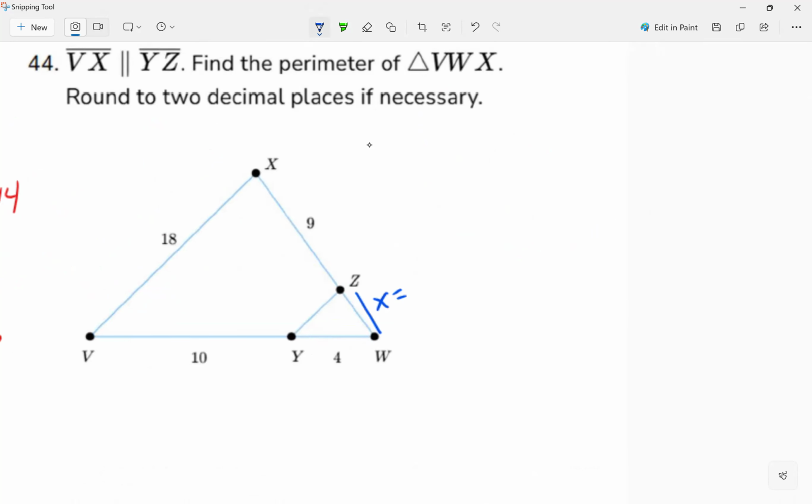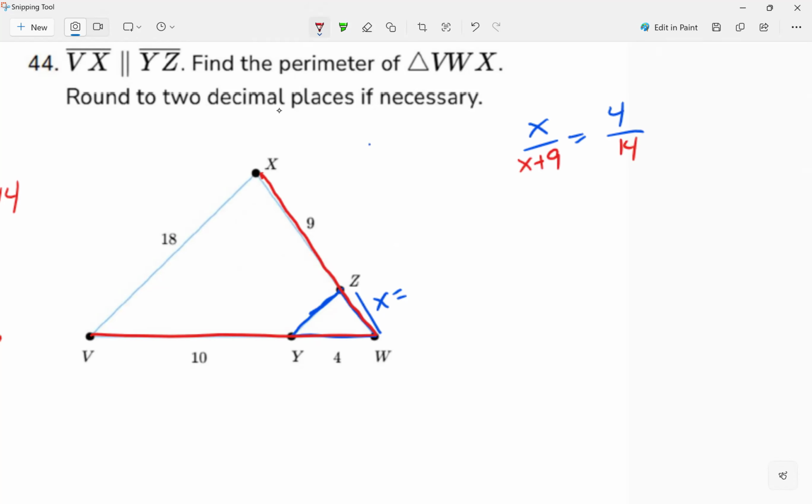Okay, so from the little triangle, I'm going to use the values X and 4. From the big triangle, this side right here is X plus 9. This other side right here from V to W is 14, right?